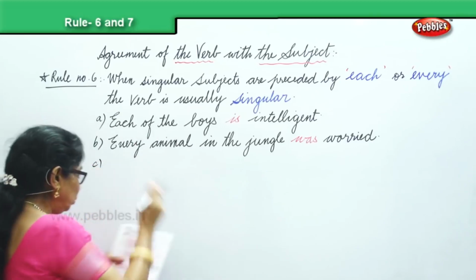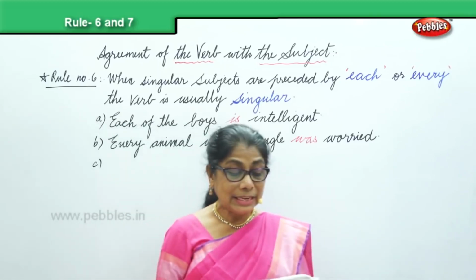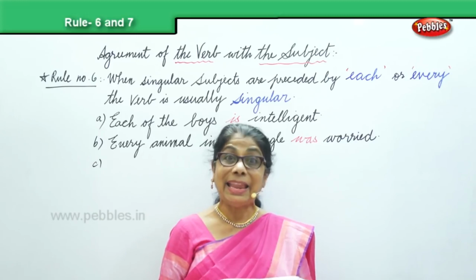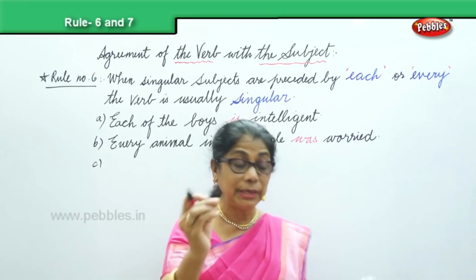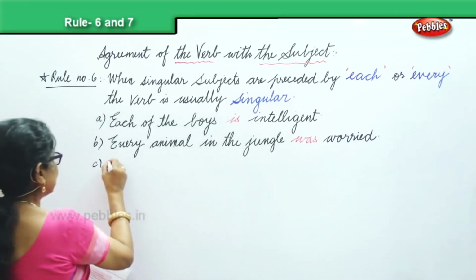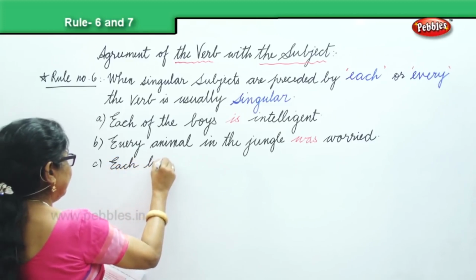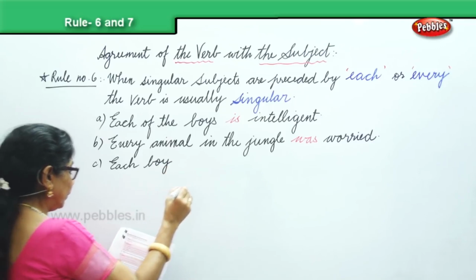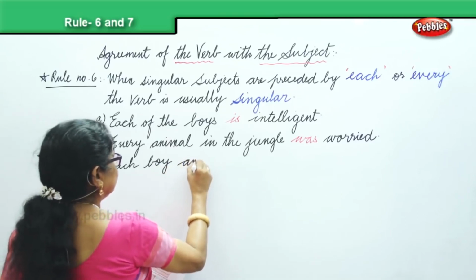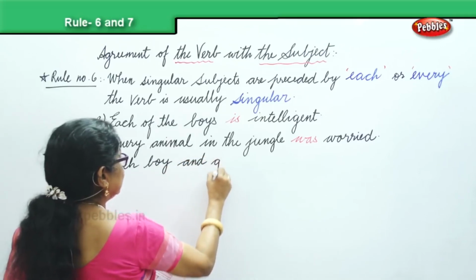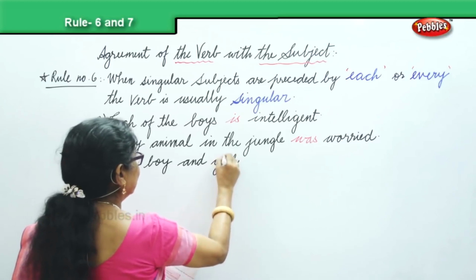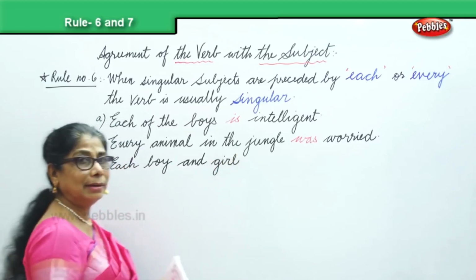One more sentence. Each boy and girl, that is, each boy, each girl. There's a boy, there's a girl.